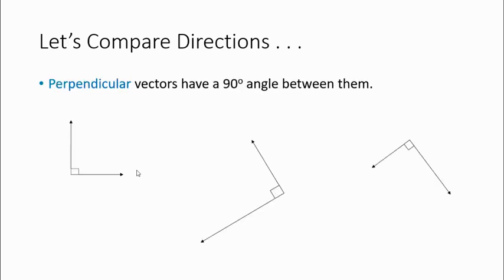Perpendicular vectors are at right angles to each other. So the angle between them is 90 degrees. And it doesn't matter how you orient them on the page, as long as the angle between the vectors is 90 degrees, we describe them as perpendicular. And notice again that the arrows are pointing away from a common point.